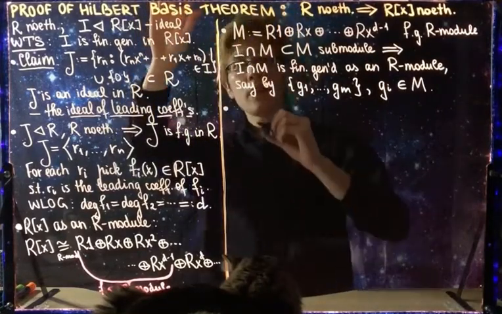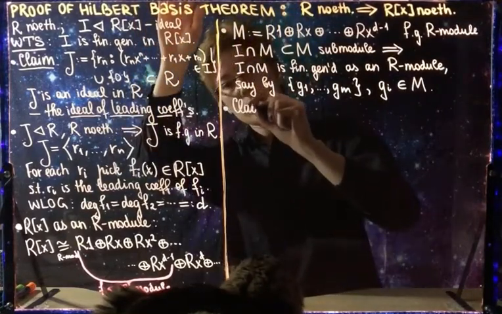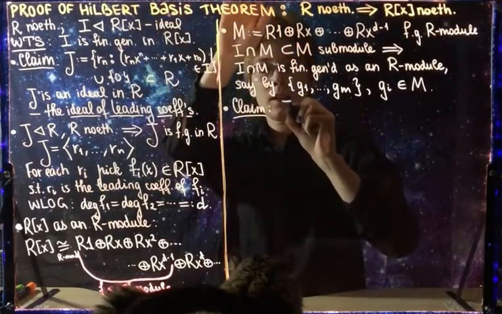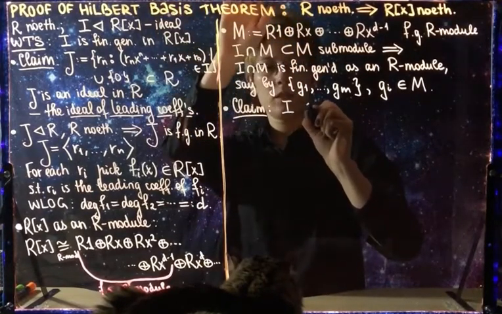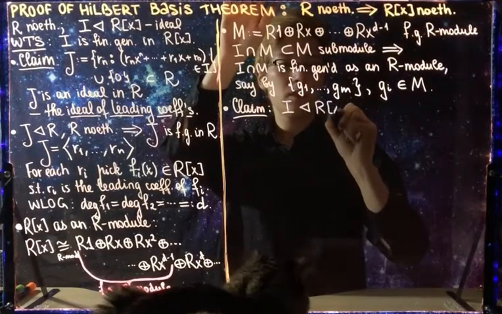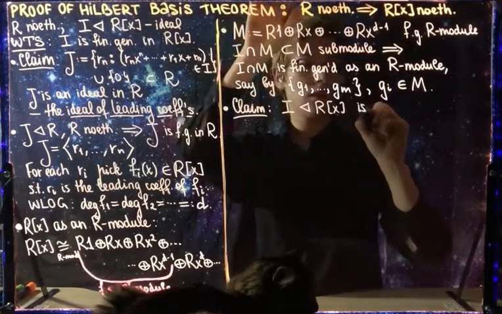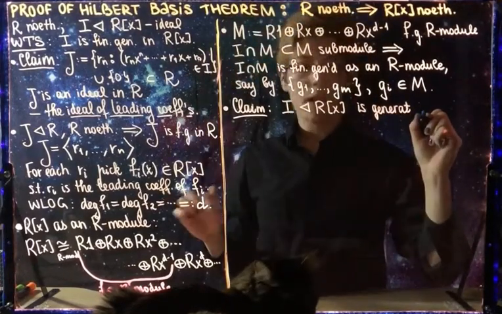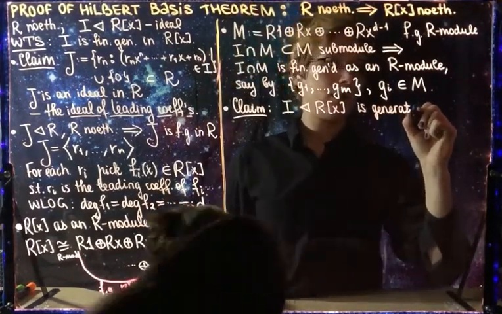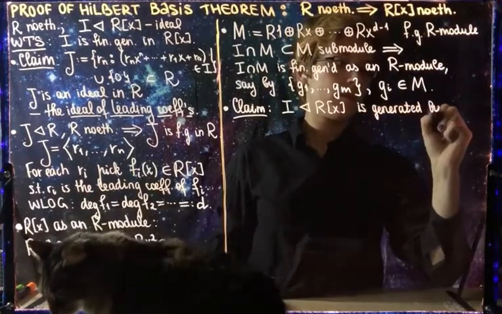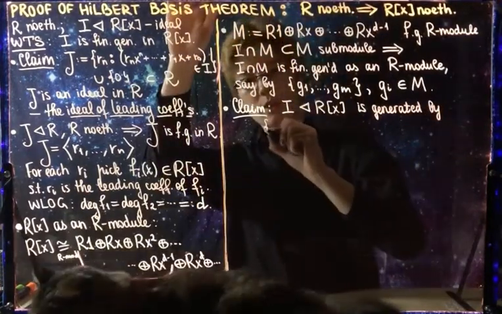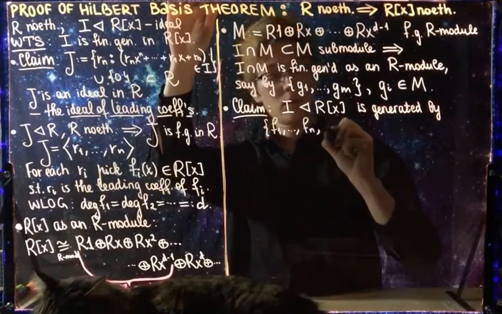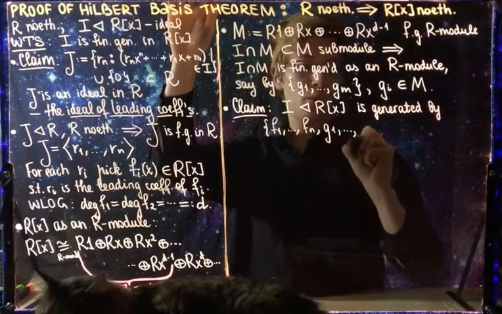And now I claim that the ideal I in R adjoint X is generated by the Fi's and Gi's. It's generated by the set F1 through Fn, G1 through Gm.